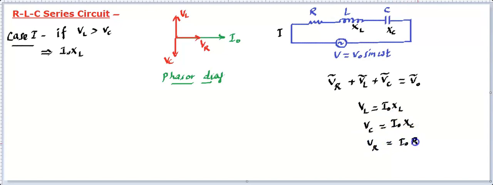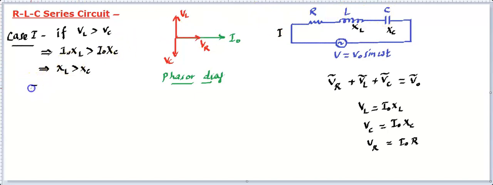They are related, potential peak and current peak are linked together. So this is going to be I naught XL greater than I naught XC. Why? Because I naught is common in the two. That further implies that I naught gets cancelled out, and you get XL greater than XC. So the point is, if reactance is more, then voltage is going to be more, so simple, because the same current flows.